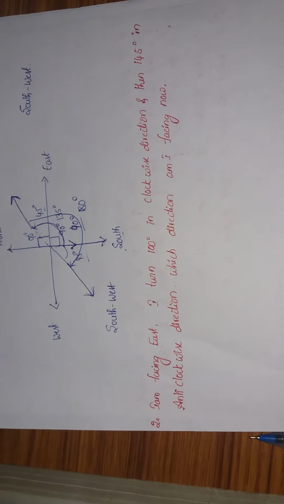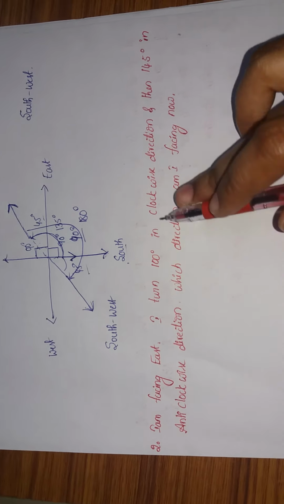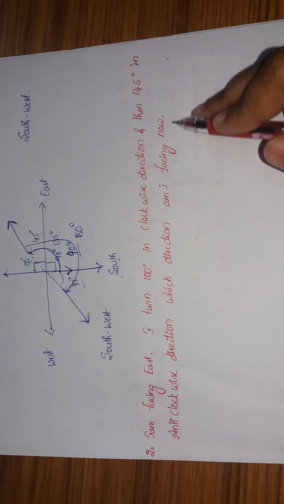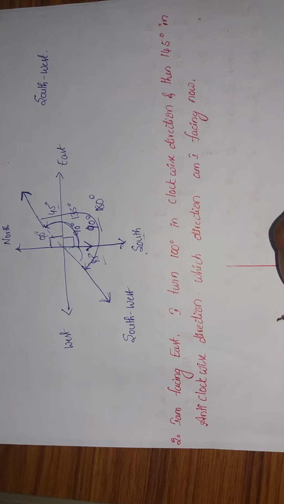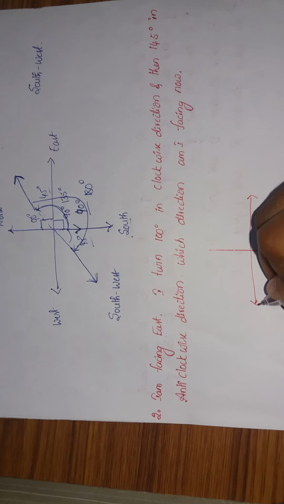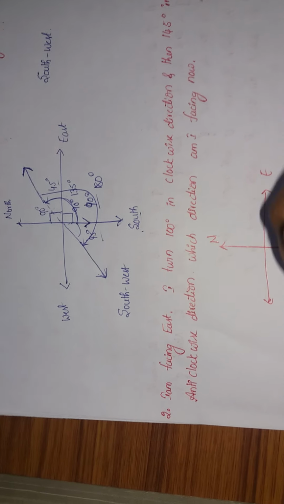I am facing east and I turn 100 degrees in a clockwise direction, then 45 in an anti-clockwise direction. Which direction am I facing now? For solving this problem, we have to draw the directions diagram. North, south, east, west.